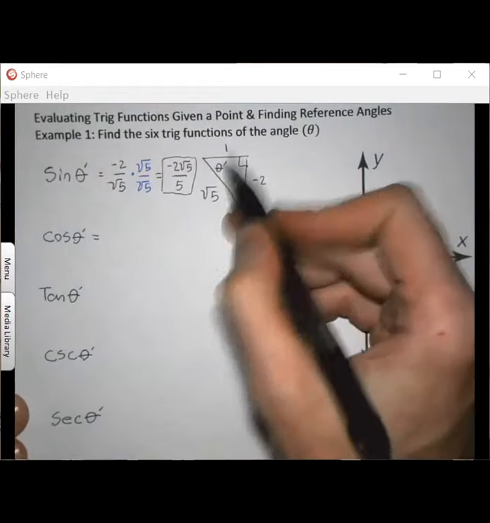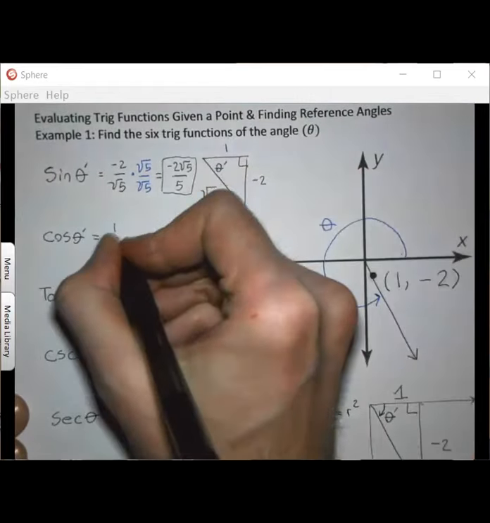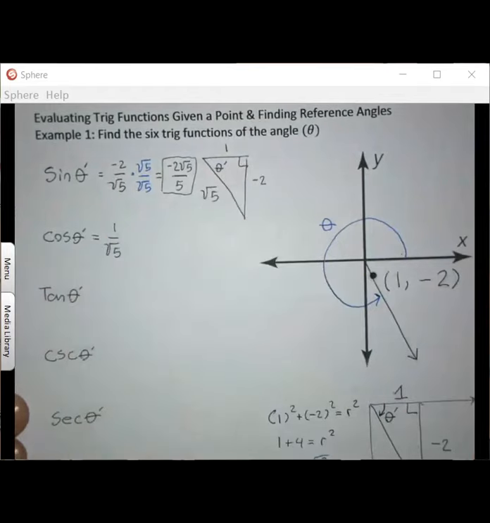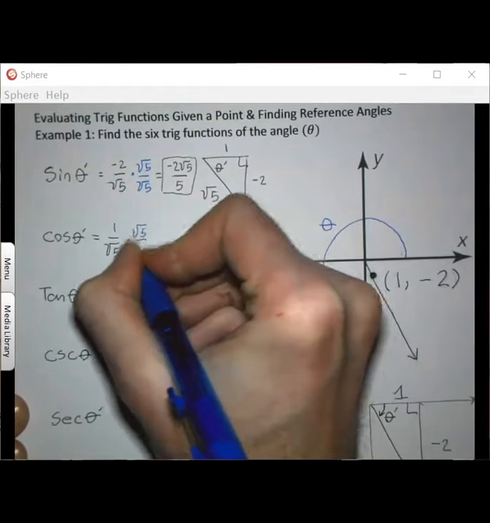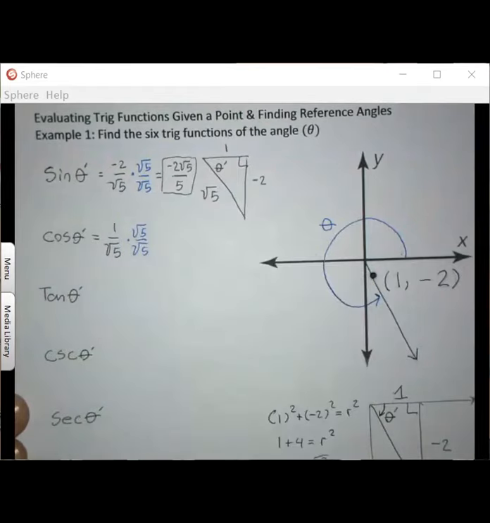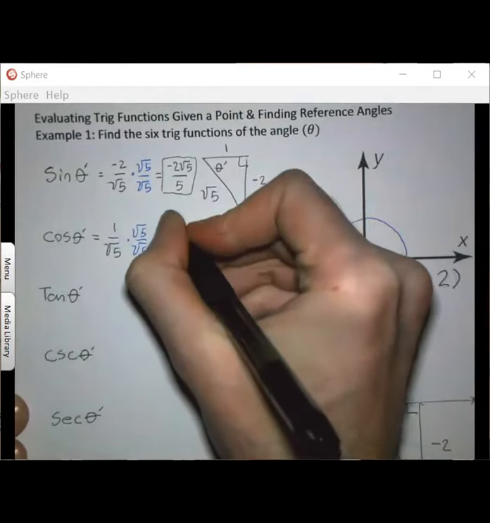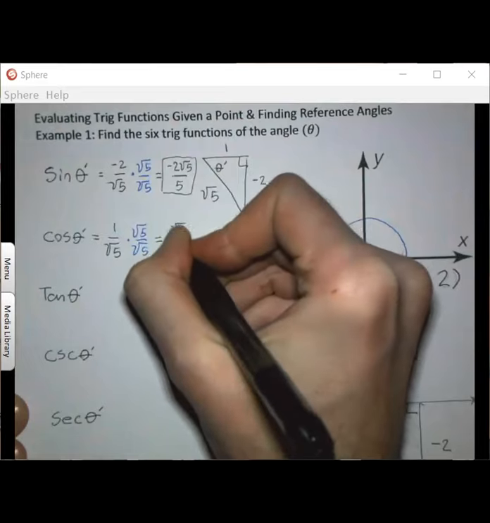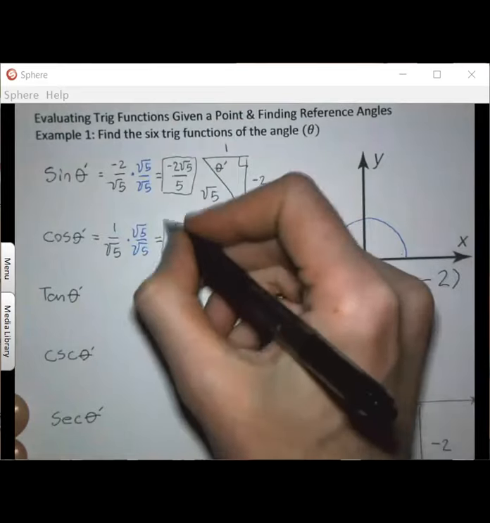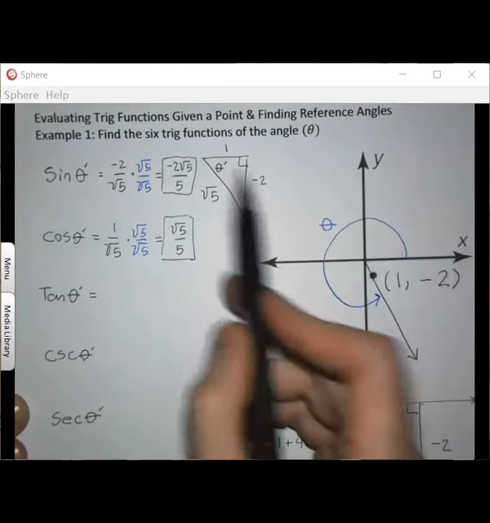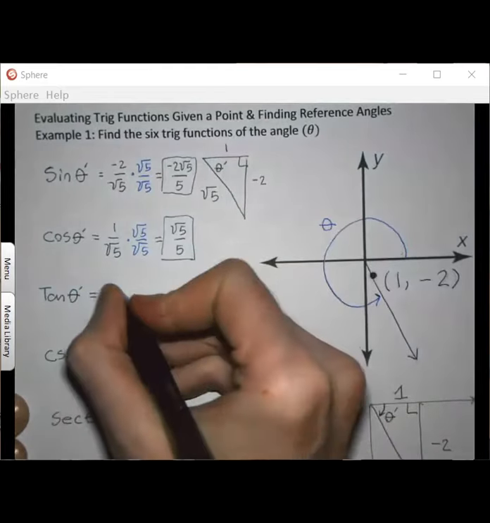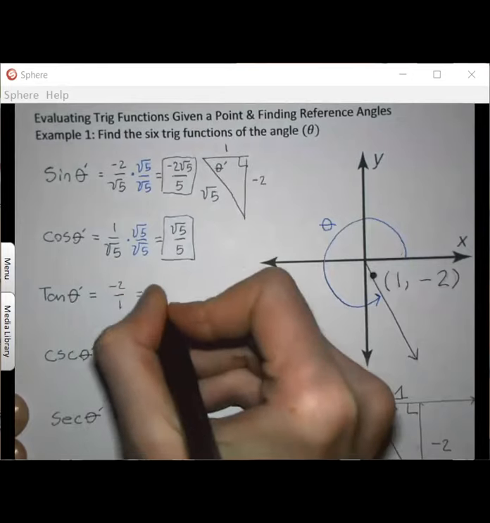Cosine, adjacent over hypotenuse. Need to rationalize again. Tangent, opposite over adjacent, minus 2 over 1, which is just minus 2.